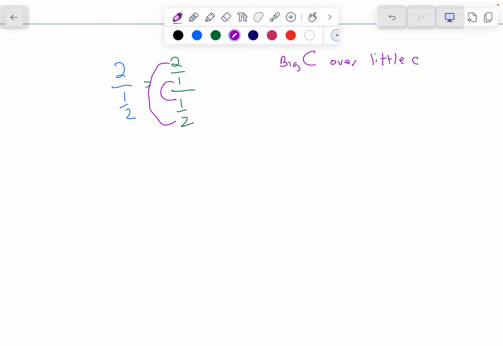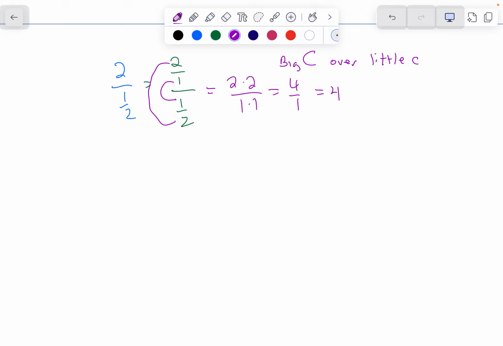It works every time. If you multiply the outer 2, that's big C. And then you put it over the multiplication of the little 2, the inner 2. That's little c. So it really becomes 2 times 2 over 1 times 1, or 4 over 1, or 4.